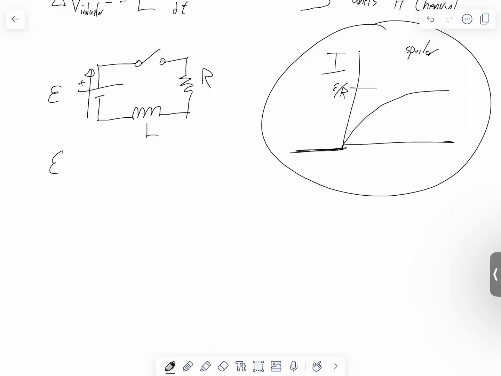E. How much voltage changes across the switch? None. The switch closes at time t equals 0. How much voltage changes here? There's the change in voltage across a resistor. Always IR. Down IR, yeah?